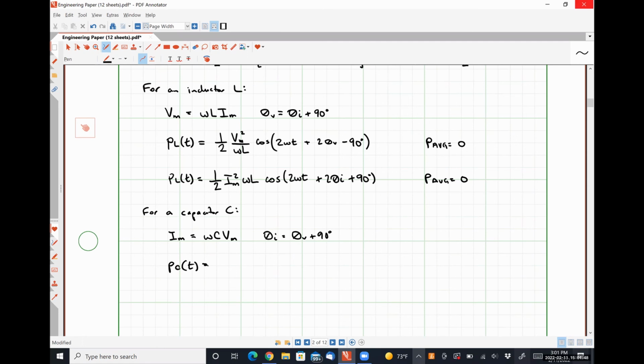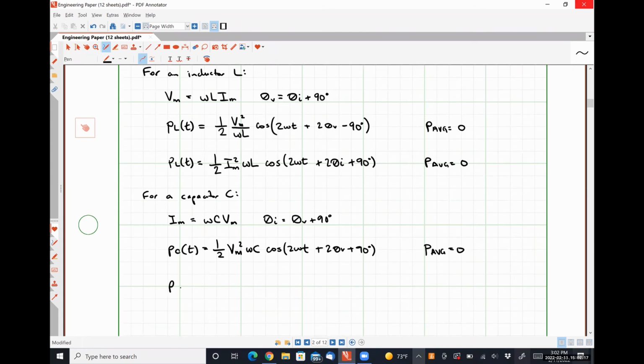PC of t is equal to 1/2 Vm squared omega C times the cosine of twice omega t plus twice theta V plus 90 degrees, where our average power is 0.